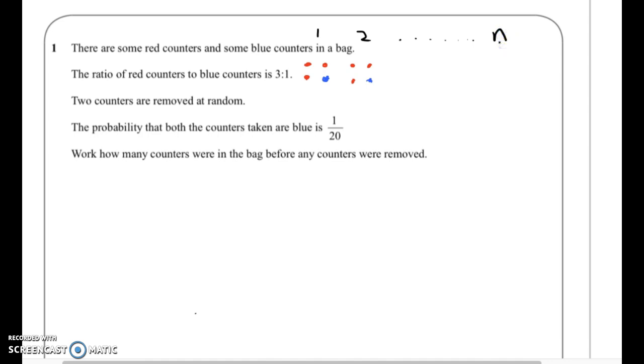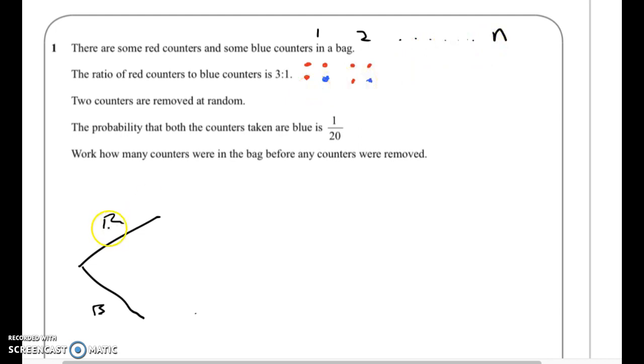So we want to do a probability tree. We'll start here. This is the probability that you're going to pick a red, and this is the probability you're going to pick a blue. The probability you're going to pick a red is 3 out of the 4, but how many multiples? We don't know, so we call it n.